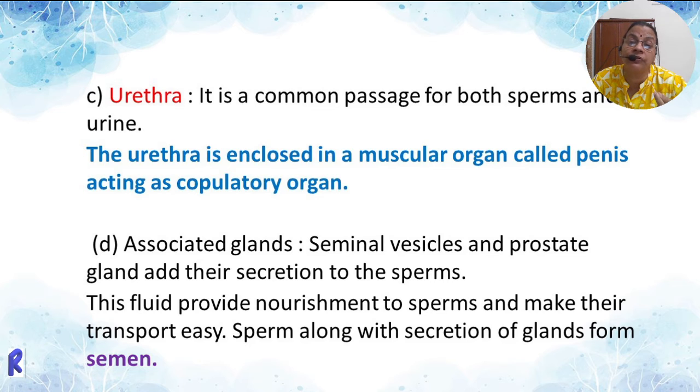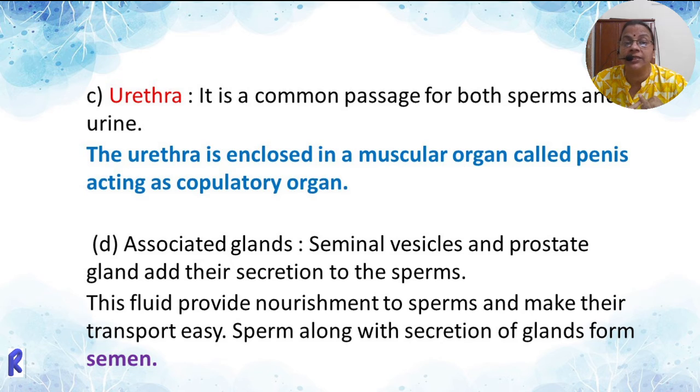The urethra also receives a duct from the urinary bladder, so the urinary bladder will pour the urine through this tube. The semen also passes through it. So it's a common passage. The urine as well as the semen will be passed, but one at a time. Either urine will be discharged or the semen will be discharged.